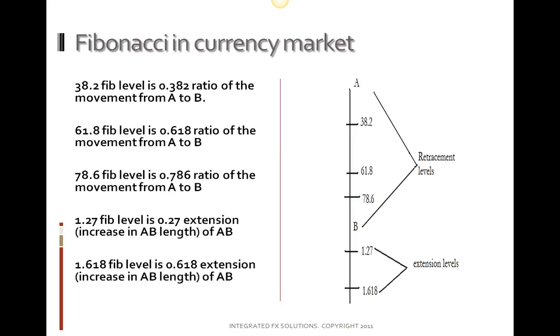For every retracement level there is an extension. So the Fibonacci ratios 0.382, 0.618, 0.786 are retracement levels within AB, and 1.27, 1.618 are Fibonacci extension levels outside AB.